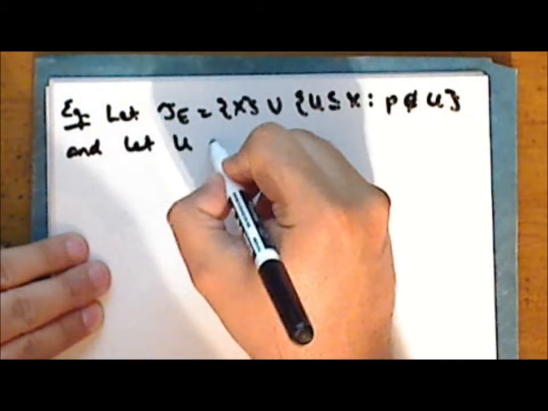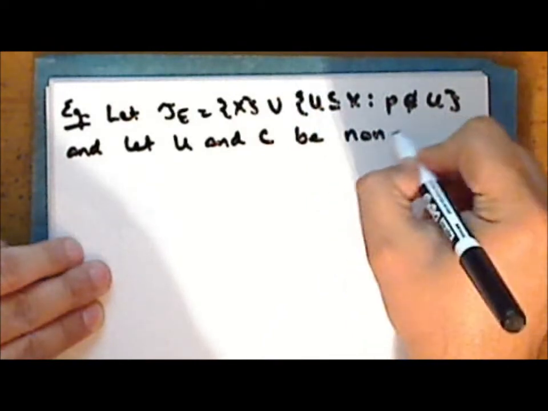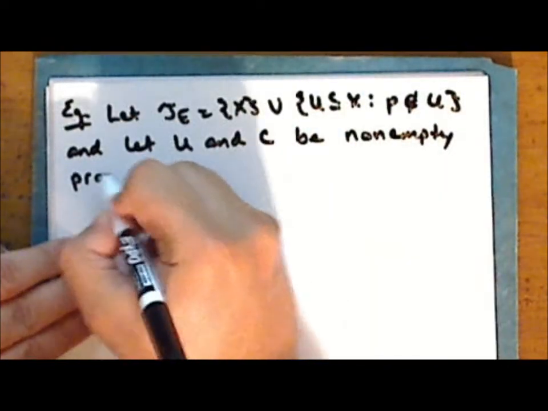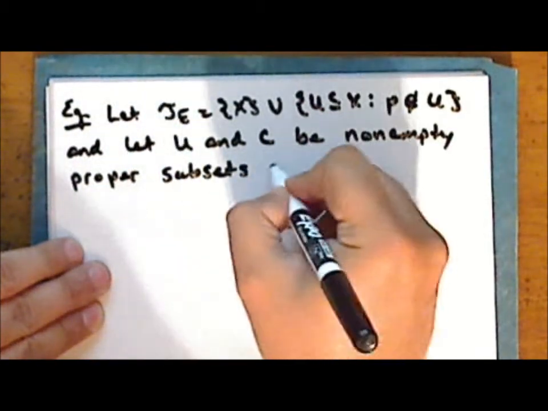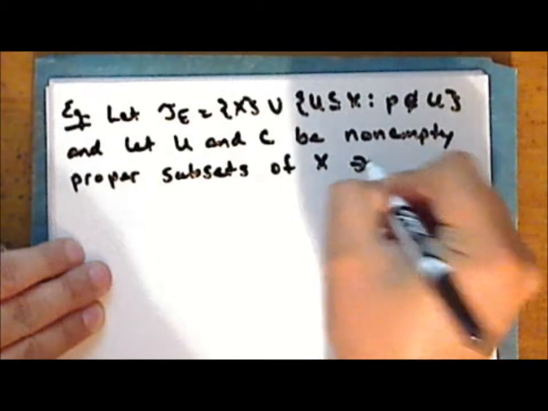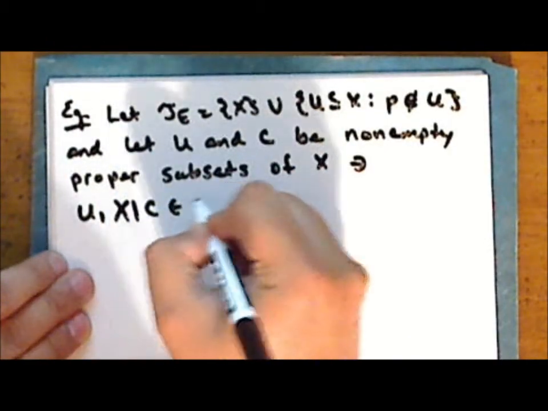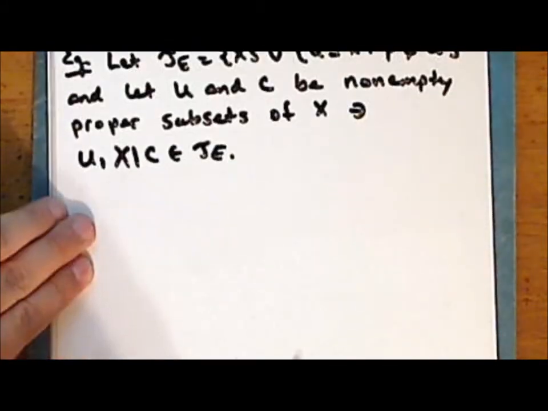And let the sets U and C be non-empty proper subsets of the space X such that set U and the complement of the set C are in this topology. And once again, the set U is open while the set C is closed.